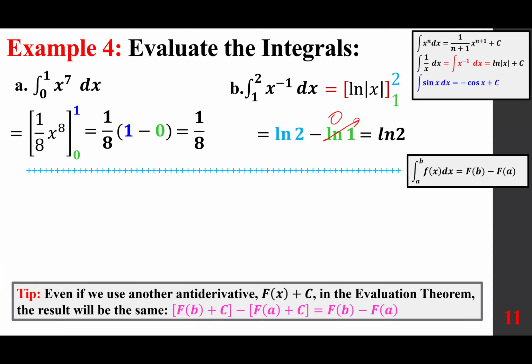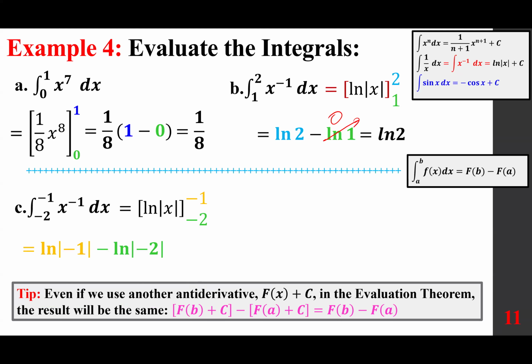And keep it exact. What happens here, I'm going to have exactly the same antiderivative with different limits. So that's why it's ln of absolute value of x from -2 to -1. The difference between the two is, in part B, I didn't need the absolute value. In part C, I must use the absolute value because the limits are negative.